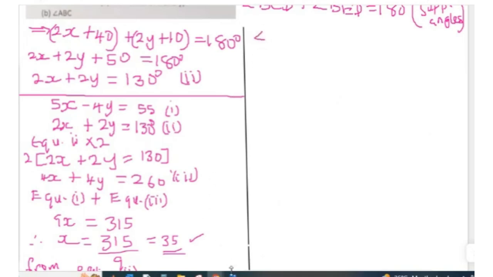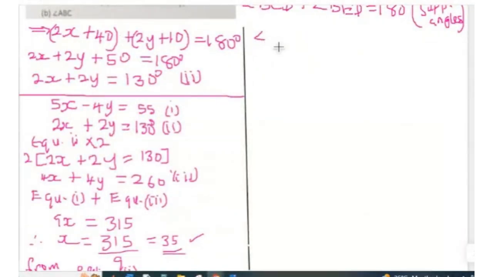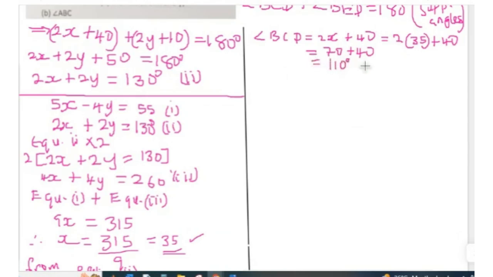We take a look at angle BCD, which is 2x plus 40. That is the same thing as 2 times 35, so the value of that angle is 70 plus 40, which is 110 degrees.